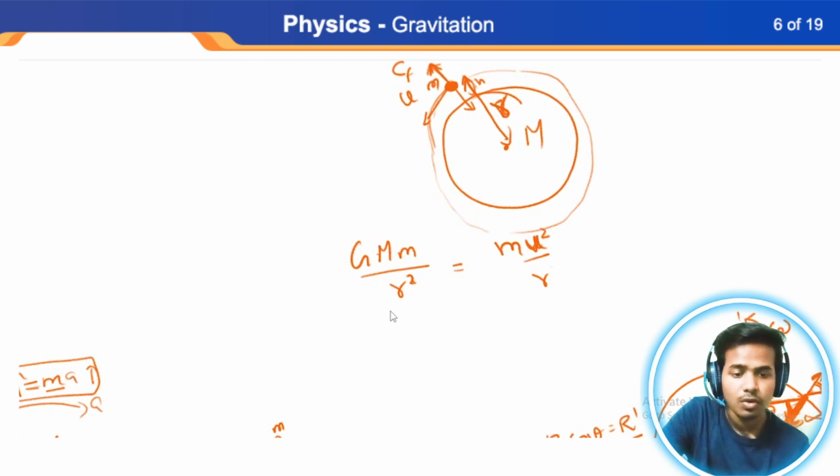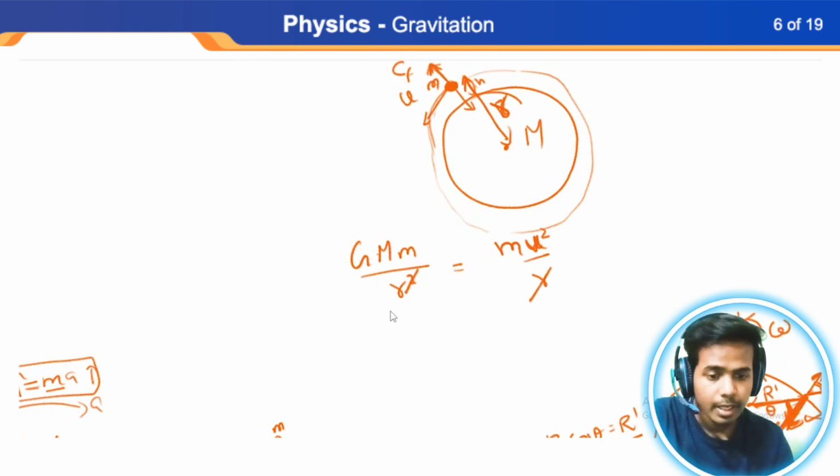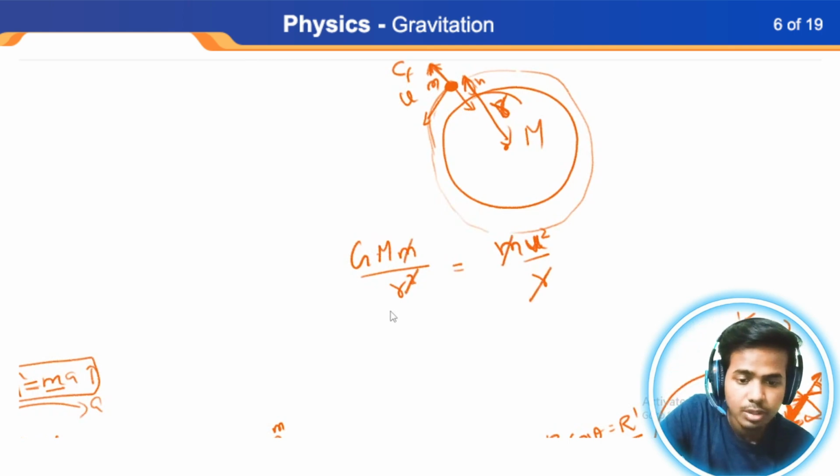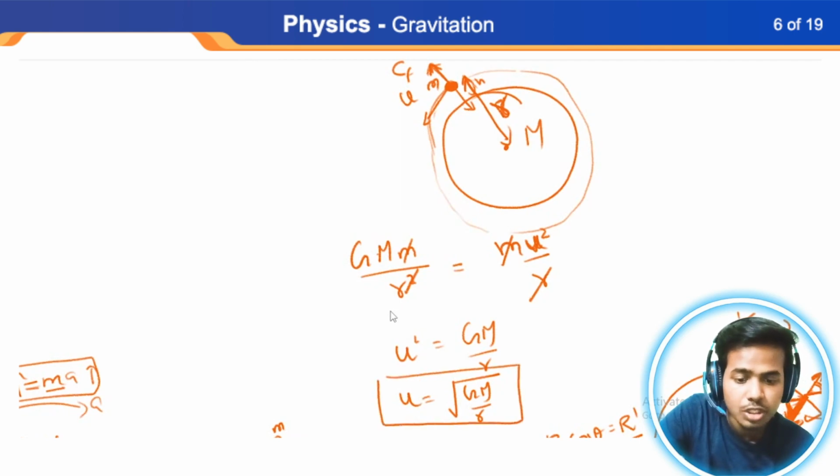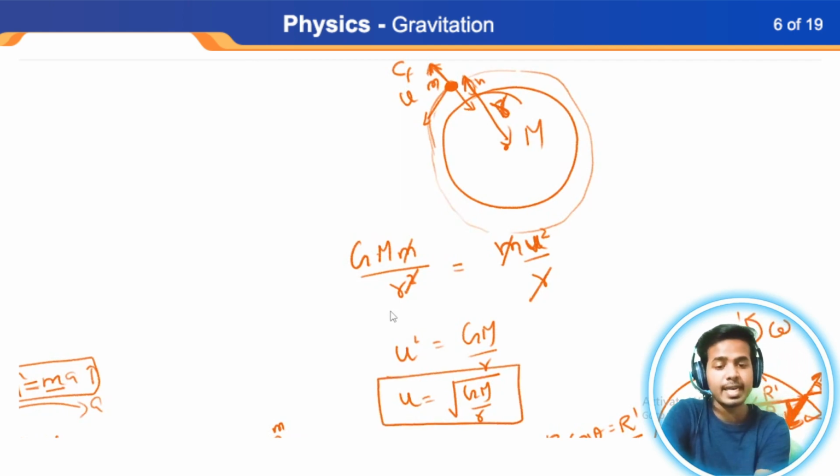As simple as that. One of the r goes away and the m also gets cancelled out. What you're left with is u square is equal to GM by r. So u is equal to under root GM by r. This is the speed at which any satellite should rotate around the Earth. All right.